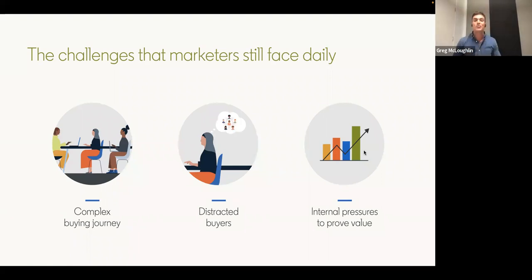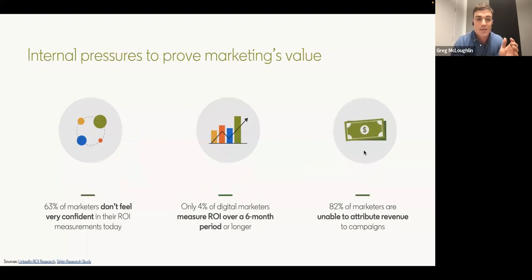And finally, internal pressures to prove value. Arguably the most important challenge. Marketers every day still struggle to prove that every single effort from a spend perspective is moving the needle in a positive way. And thank God I have Supermetrics on this call. It's easily one of the biggest challenges that my clients still face.